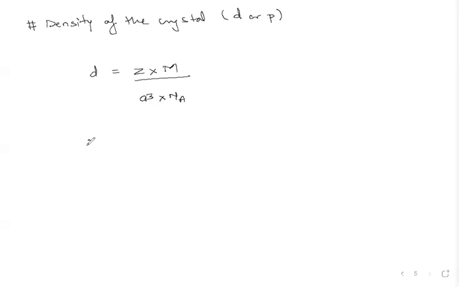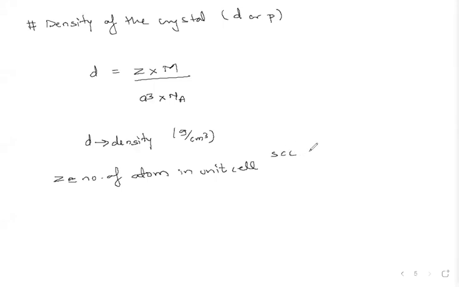Okay, so D stands for the density. Unit for the density is gram per cm cube. Z is the number of atoms in unit cell, as we have seen: for simple cubic cell Z is 1, for body centered cubic cell Z is 2, for face centered cubic unit cell Z is 4.